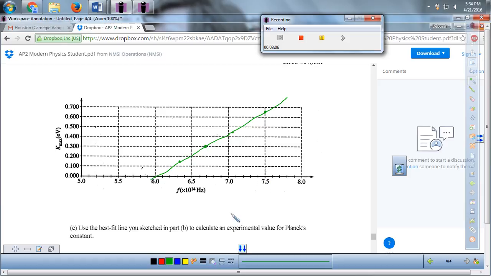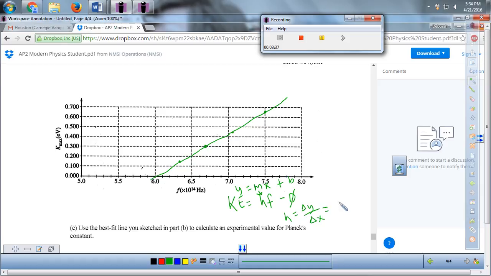Then it said use the best fit line you sketched in Part B to calculate an experimental value for Planck's constant. So I know that KE is equal to hf minus phi. That really looks like y equals mx plus b, where this is my slope. So I said h was equal to delta y over delta x.